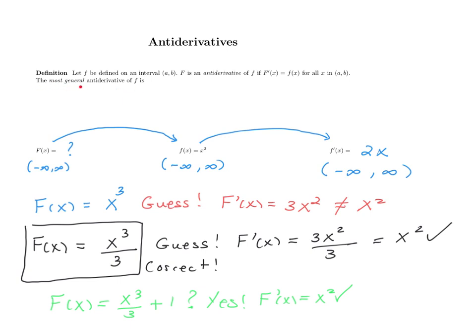The most general antiderivative of a function f is capital F of x plus c. This is the most general antiderivative. So from here, what that means is if we're asked to find the most general antiderivative, we'll go through this process of guessing what the answer is, and then we'll just put a plus c at the end, meaning any constant will do.